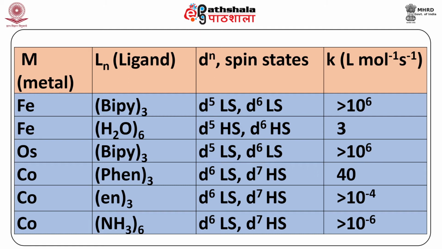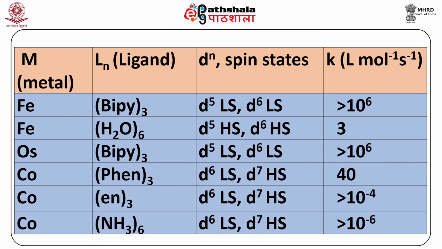In a similar fashion, osmium contains the tri-bipyridyl system and is low spin for both osmium 2+ and osmium 3+, meaning d6 and d5, and the rate again goes more than 10 to the power 6. If you take cobalt as a metal and 1,10-phenanthroline as a substituent, there are 3 1,10-phenanthroline ligands attached in an octahedral manner.